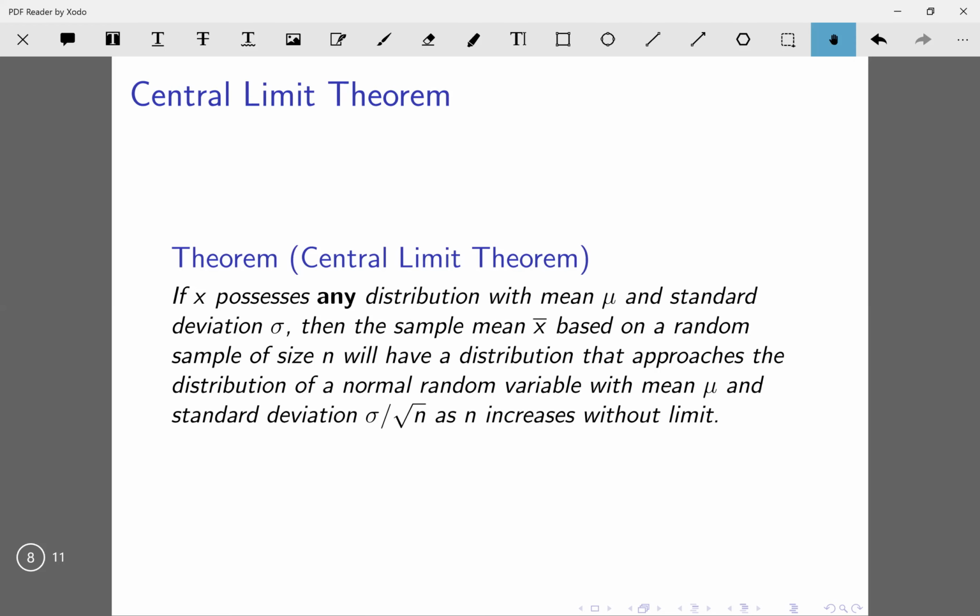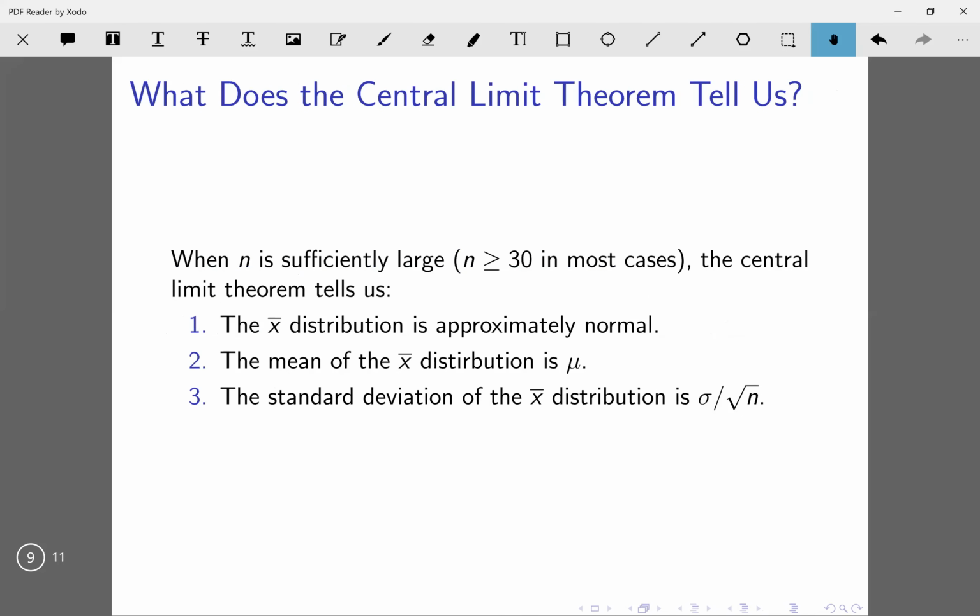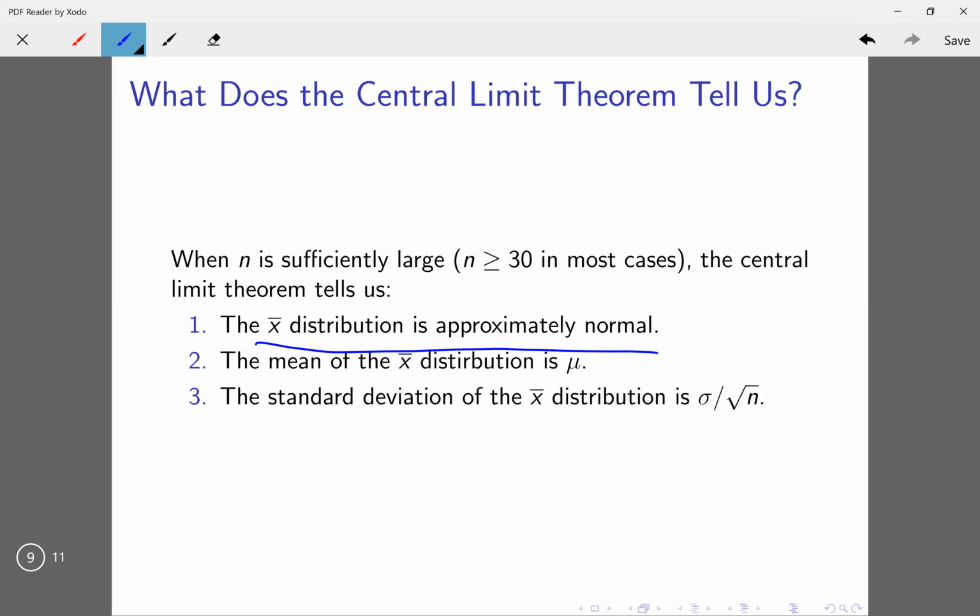And the question is, how big a sample size do I need? Well, what we're going to use is, if our sample size is at least 30, then we can always use the central limit theorem. So if we do have a sample that's at least size 30, then we're going to assume that our x bar distribution is approximately normal.